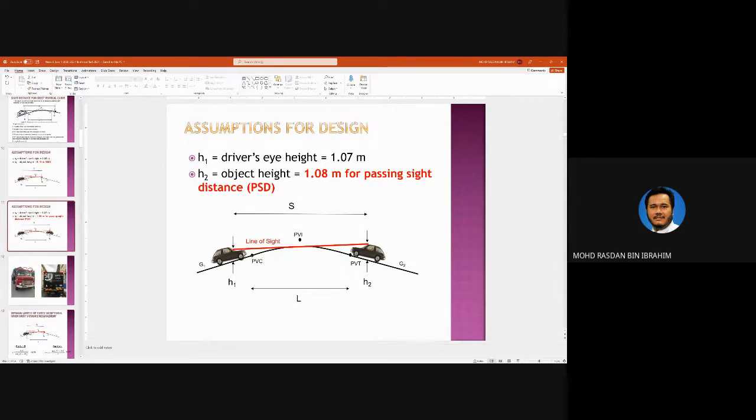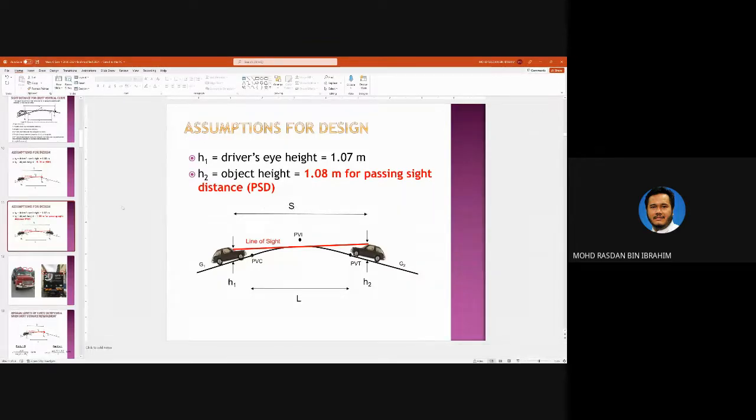There is a slight calculation there, but I'll show it to you later. So we want to make sure that this distance here, PSD, can fit into this. If this is longer, no problem. But what we are designing it for is that PSD is more or less equal to the sight distance.